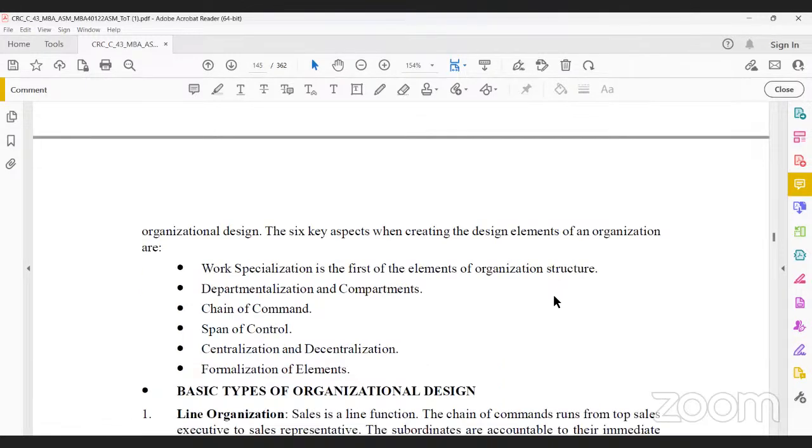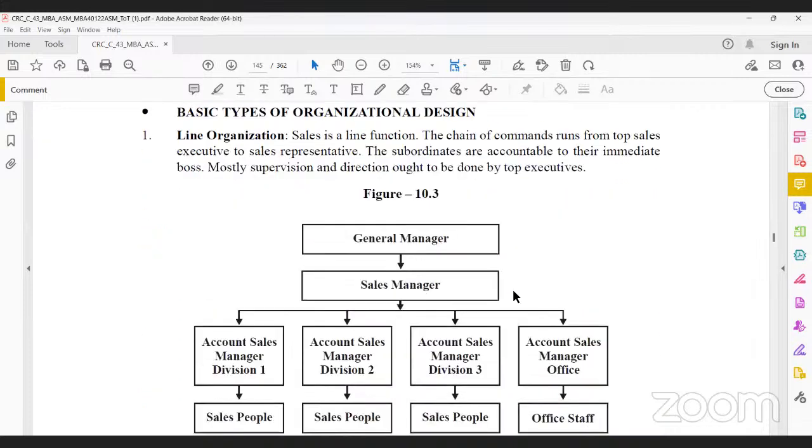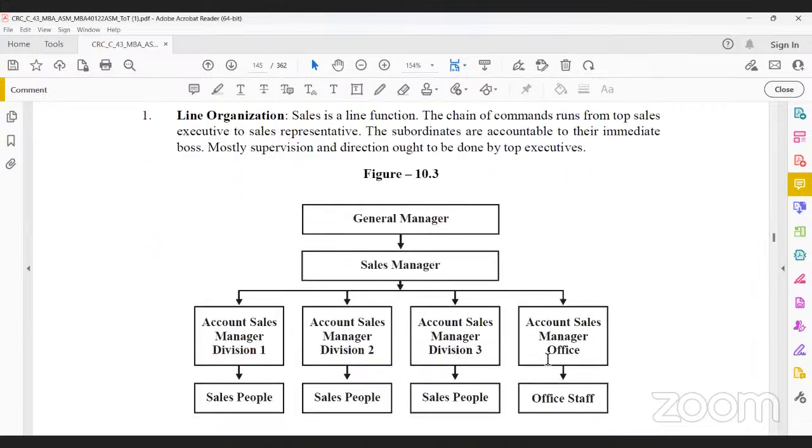So work specialization is the first element of organization structure, along with departmentalization. Chain of command, span of control, and whether to follow centralization or decentralization are also required. Formalization of elements is also required. This is one of the examples of line organizations.